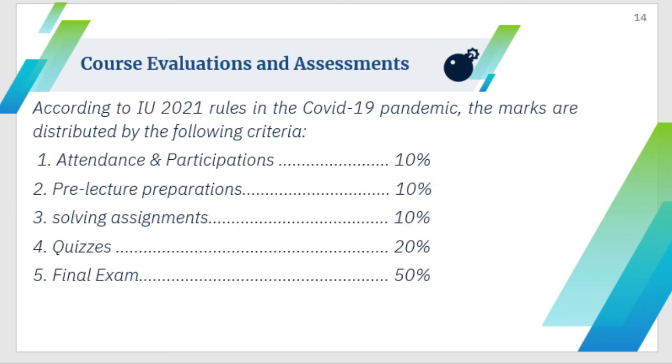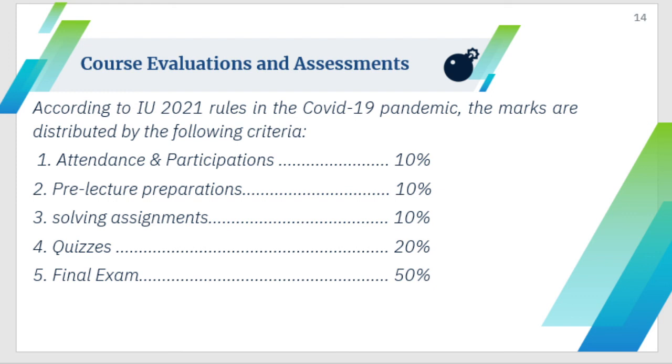The evaluation and assessment of your achievement will be according to the Isra University rules and regulations, and will be distributed by the following criteria. For example, you will have 10 marks on attendance and participation in the Zoom meeting or Zoom lecture. Again, you have to prepare before the lecture.